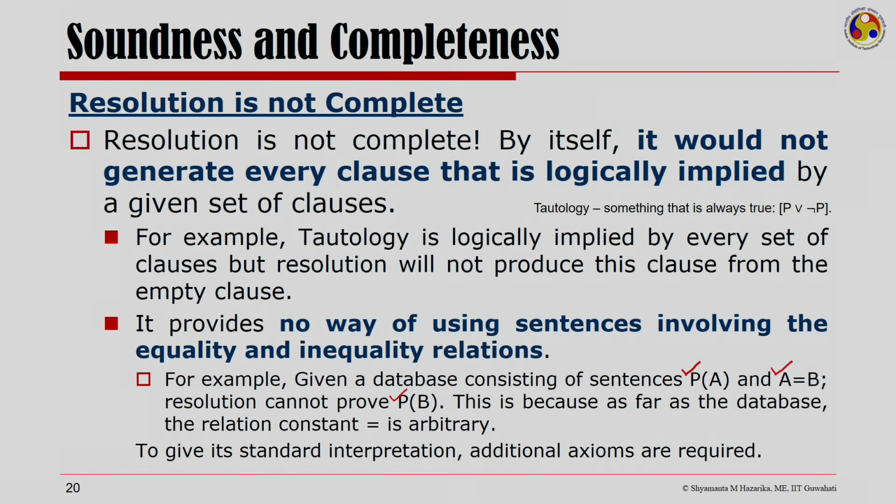Resolution cannot derive that, because as far as the database is concerned, the relation constant equal is arbitrary. To give it its standard interpretation, additional axioms are required. We will look at this as part of our lecture today.